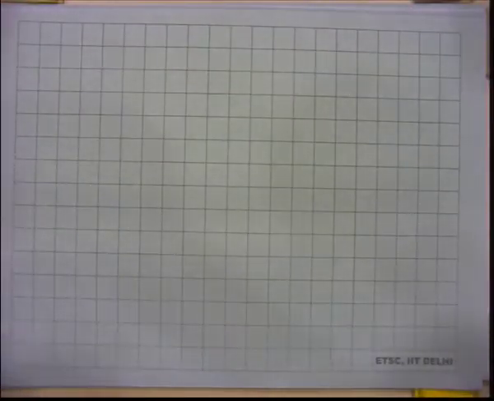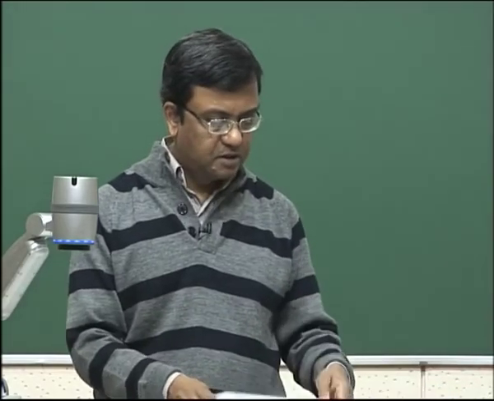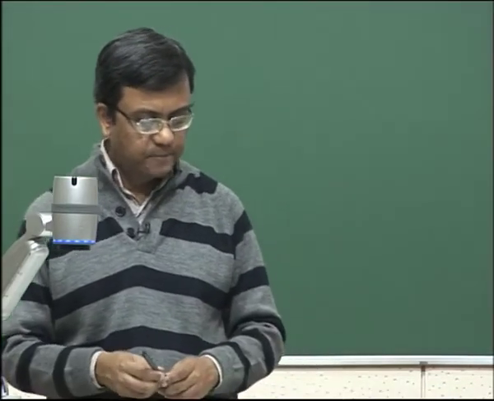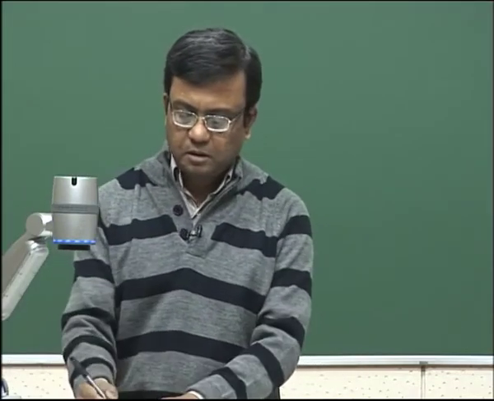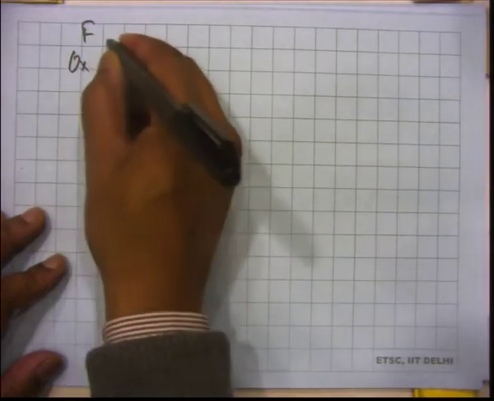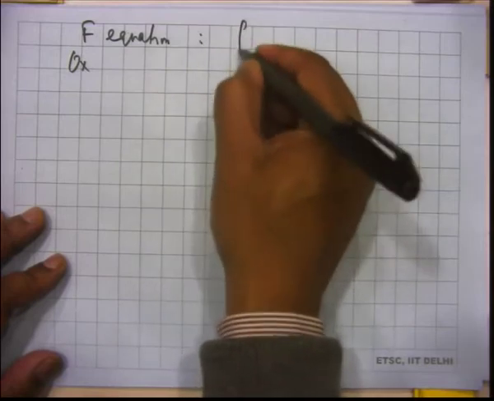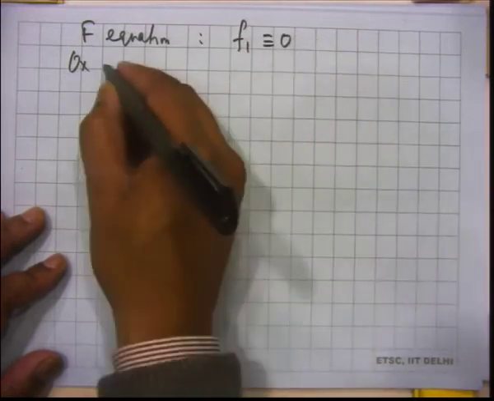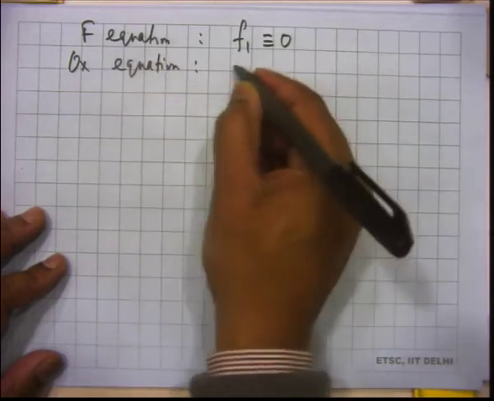Now, let us see what else we can do. Just as we have done a fuel species equation, we can also do an oxidizer equation. So, there is a fuel equation which we called F1, and there can also be an oxidizer equation which is F2.